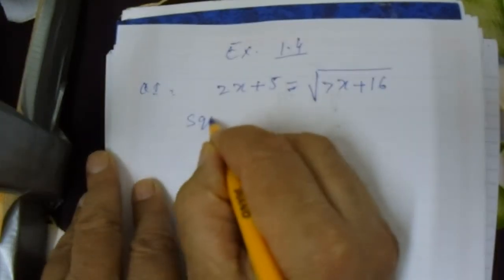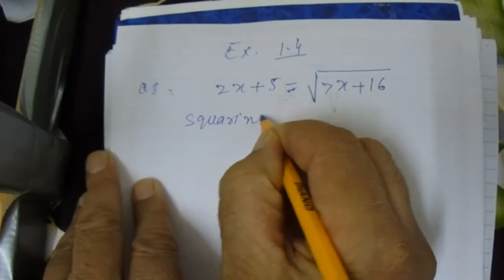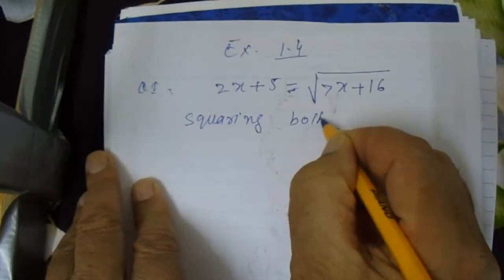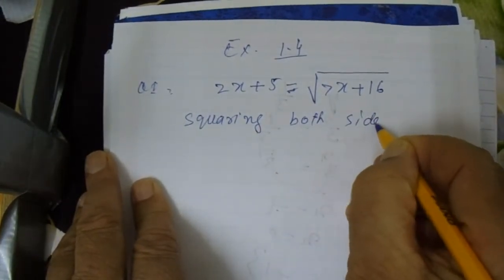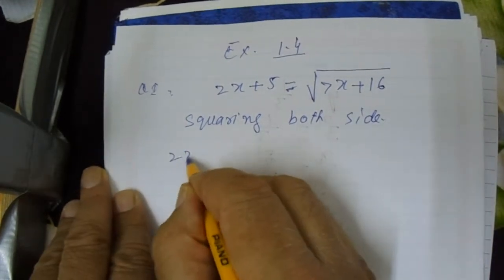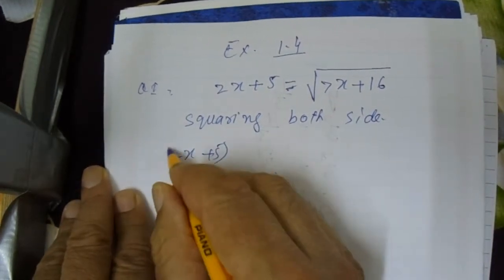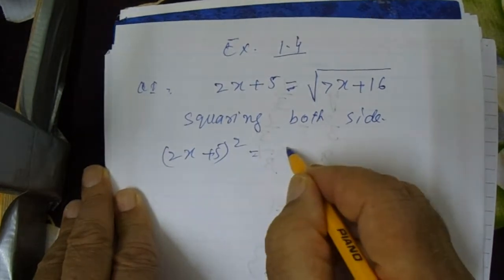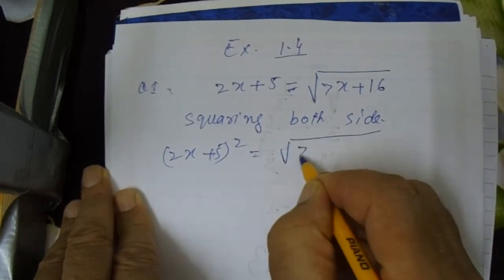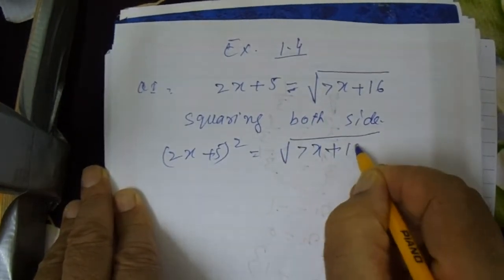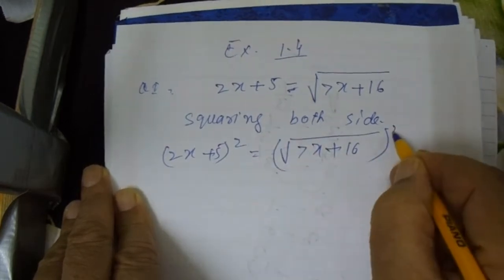Now squaring both sides. This is the first step. (2x plus 5) whole square is equal to under root 7x plus 16 and also whole square.